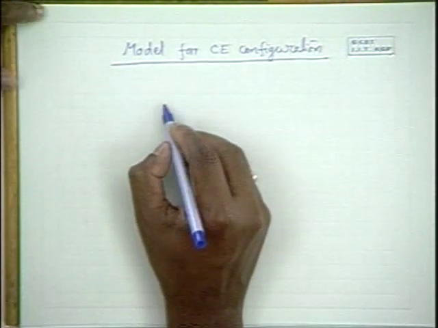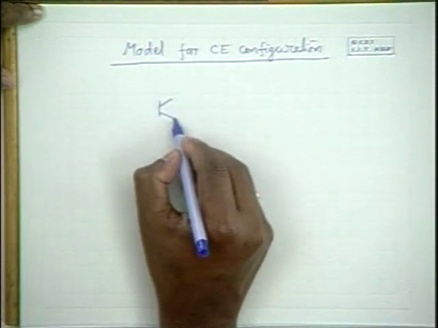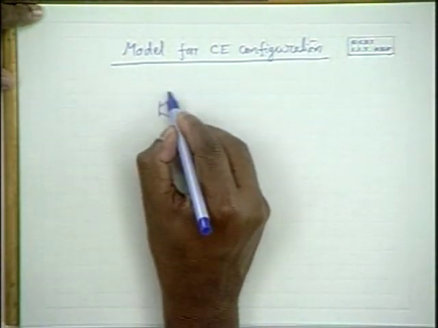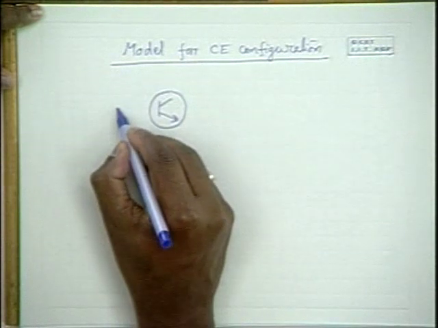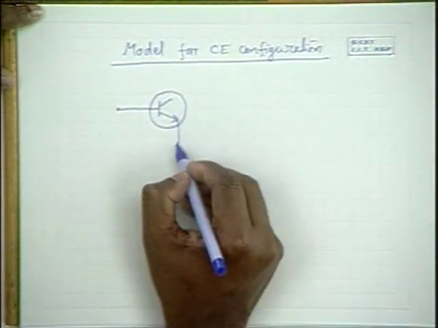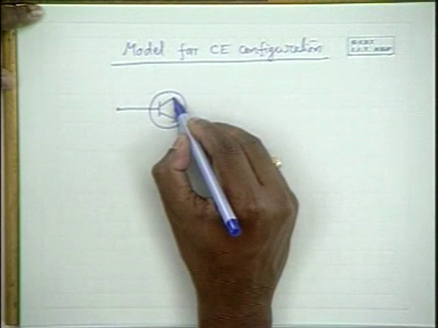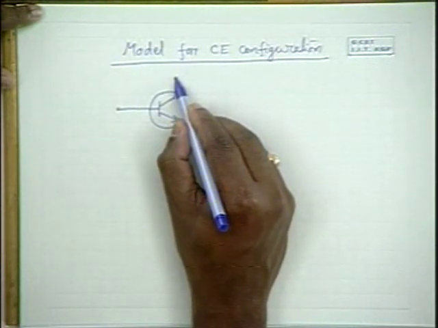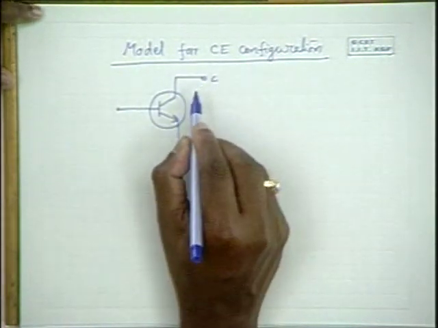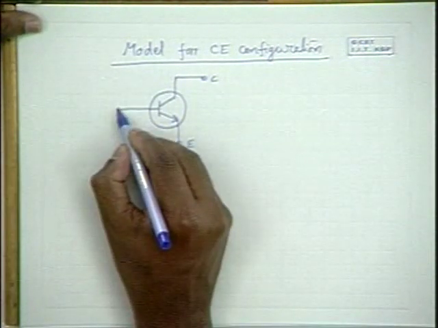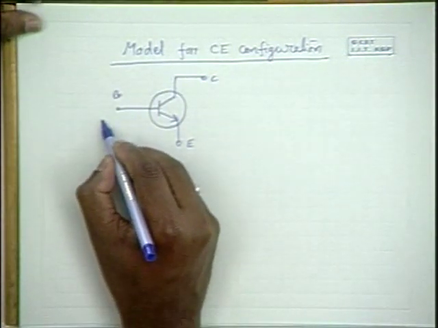In the common emitter configuration, we apply a signal to the base. The emitter is common to both output and input, and we connect the load to the collector. So here we apply the input.